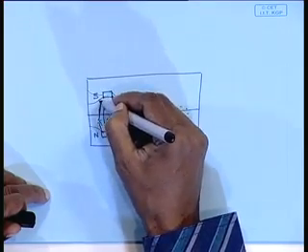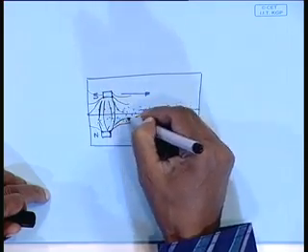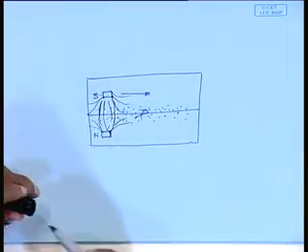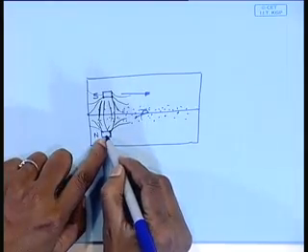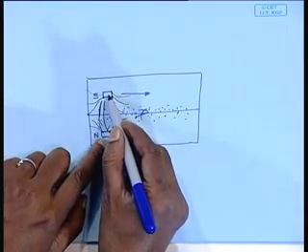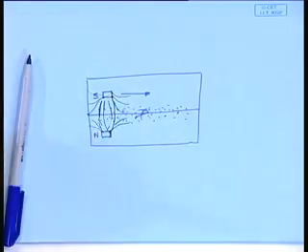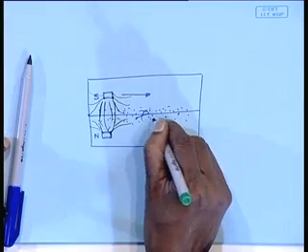So, all these magnetic filings will align themselves as per the magnetic lines of force. Now, if there is a discontinuity in between, about that discontinuity again a north and south pole will form. Say there is a discontinuity here.